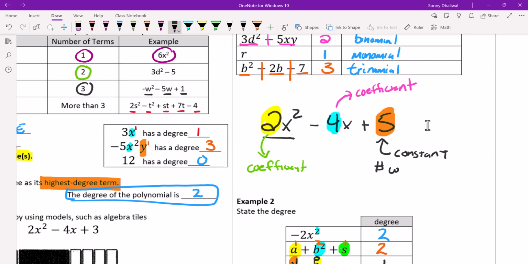Number with no variable. Okay? That's what a constant is. So, lots of terms here, right? What's a variable? Right? What's a term? What's a degree? Right? None of these are hard. It's hard to remember all of them at once.